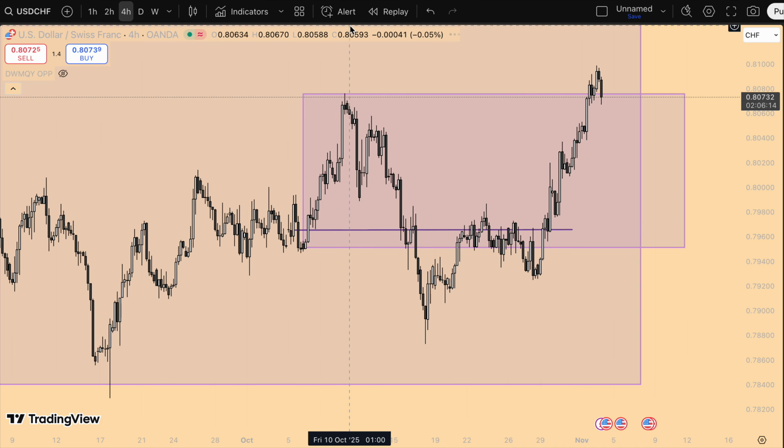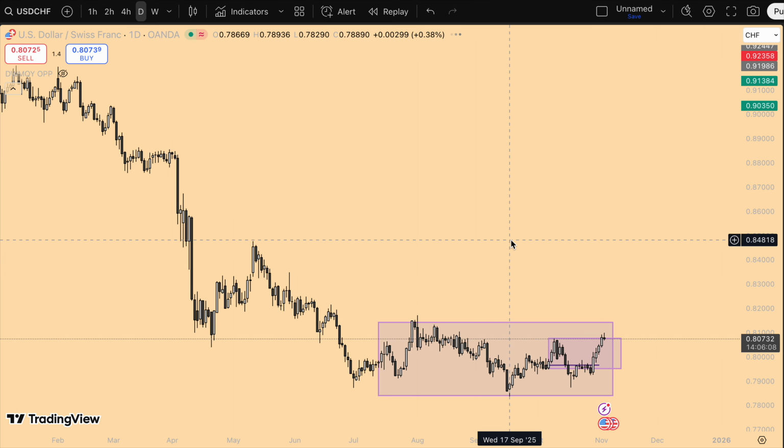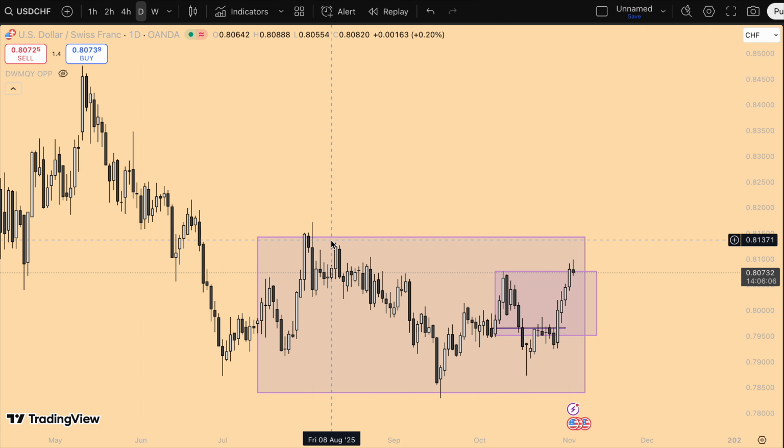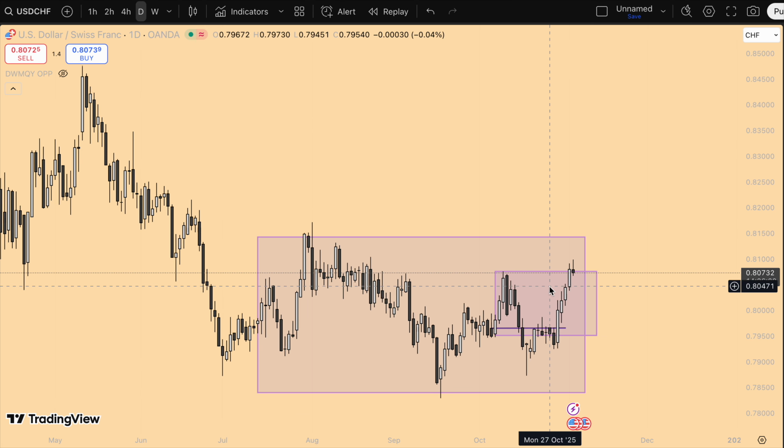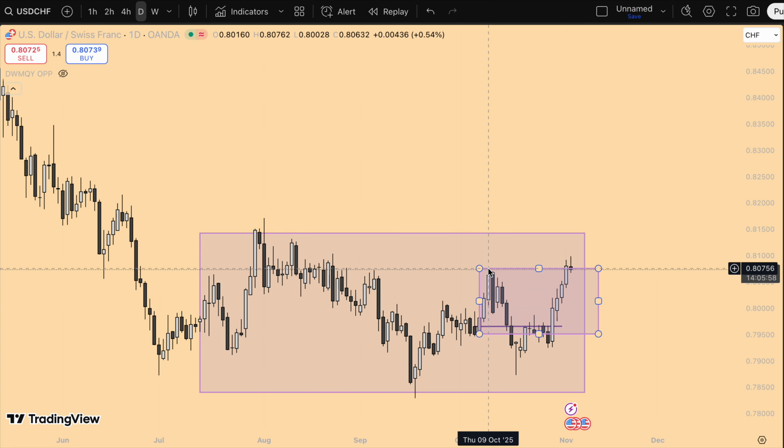And then for USD CHF, wonderful. I thought we were targeting here and then perhaps we'd get that retracement from there, but that didn't happen. We still have these descending liquidity highs resting here, so we can still target them and get those higher prices, but we've taken out this liquidity and perhaps we're stalling.